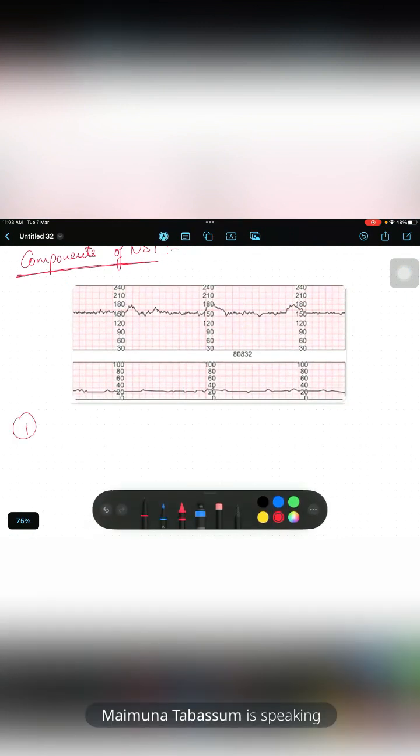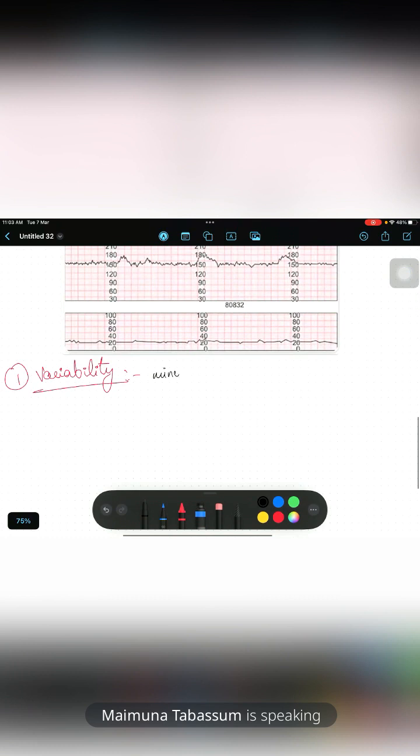The first one is the variability. So what is variability? Minor fluctuations in the baseline fetal heart rate are known as the variability.